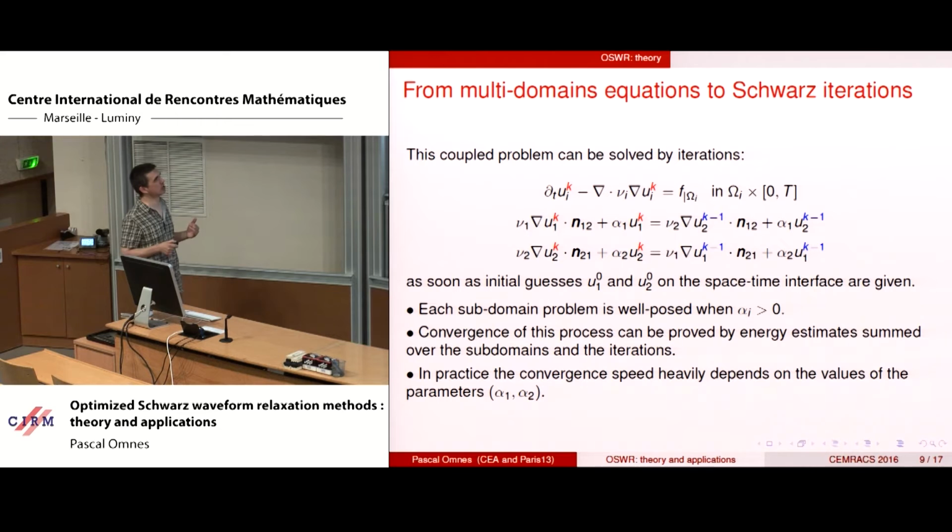The requirement for this process to be well posed is that in each subdomain, your problem has to be well posed. Here, for the heat equation, it's very easy to see that these Robin boundary conditions, as soon as alpha 1 and 2 are strictly positive, that these problems are well posed. It's quite easy to show it.